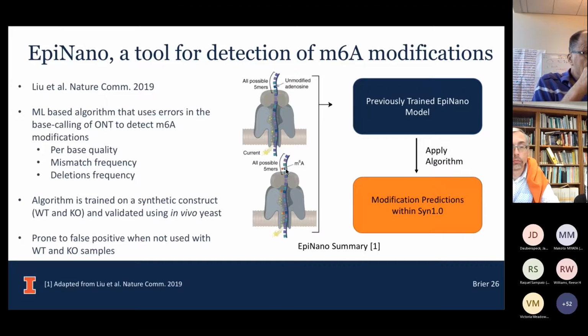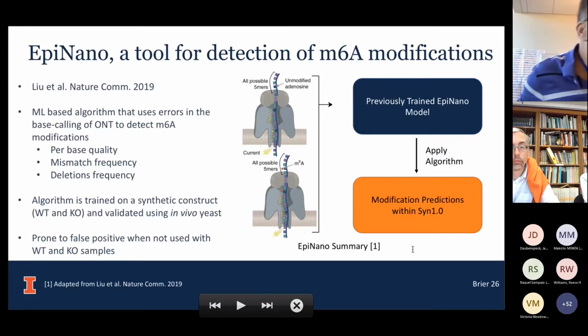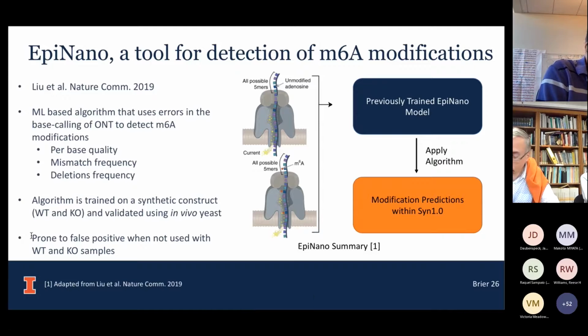They use this strategy of the base calling to determine if a modification has occurred. What I'm doing is using previously trained models and applying that algorithm to detect modifications within syn1. The big thing to note, and you'll see this in the data I'm about to show, is that it's very prone to false positives when not used with a wild type and knockout sample.